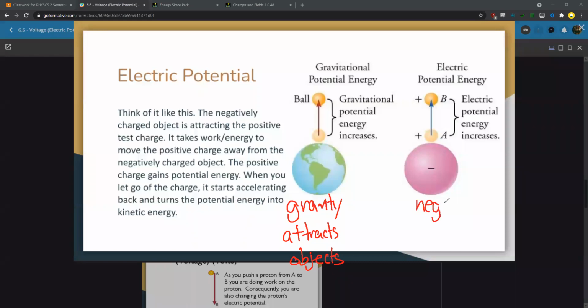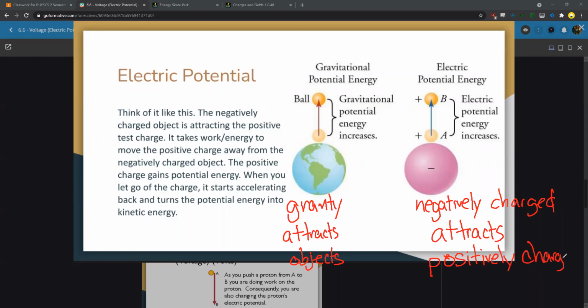This negatively charged object attracts positive charged.